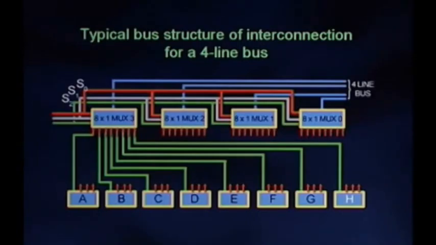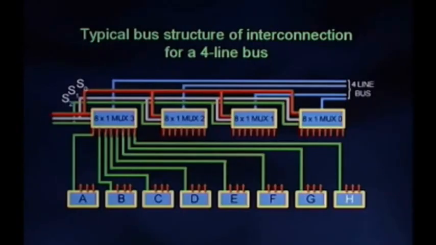In general, a bus structure will multiplex n registers, each with m bits output, to produce an m-line common bus. The number of multiplexers needed to construct the bus structure is m, that is the number of bits in each register.